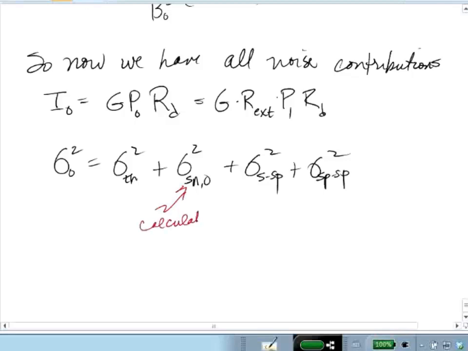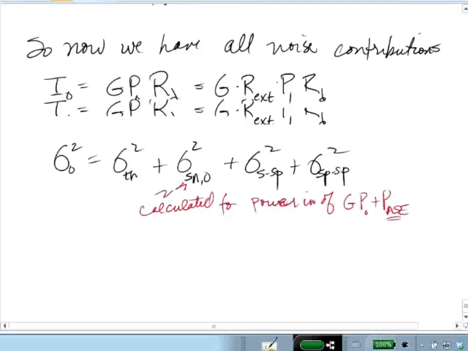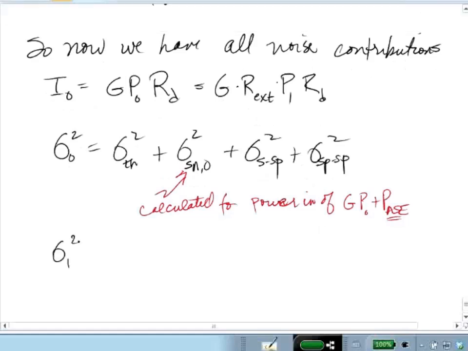And recall, be careful, the shot noise is calculated for a power in of G P0 plus PASE, so the ASE power will also increase. And of course, if I have a logical 1, it's very similar, but now all these expressions change because it's P1 instead of P0.